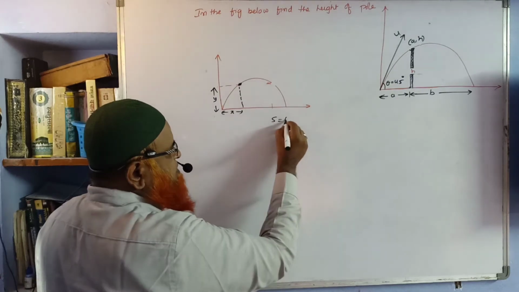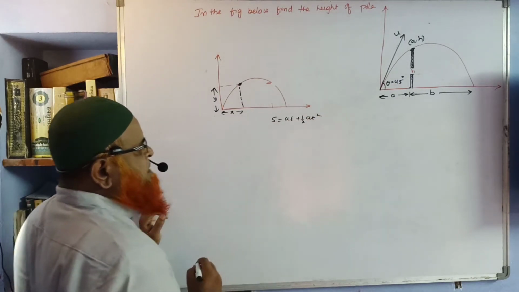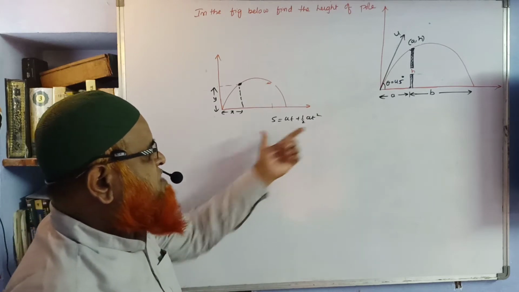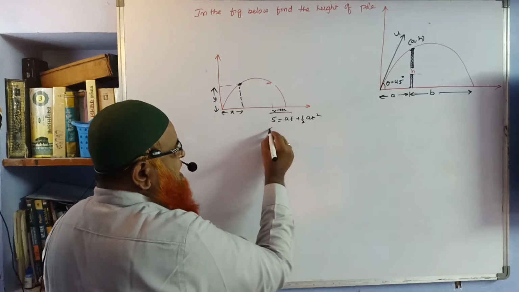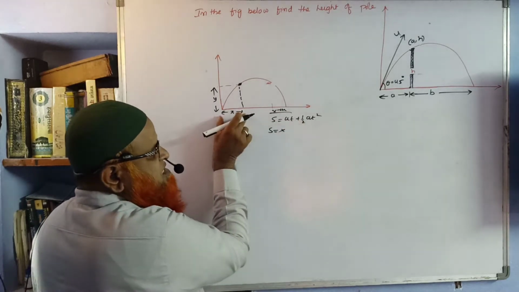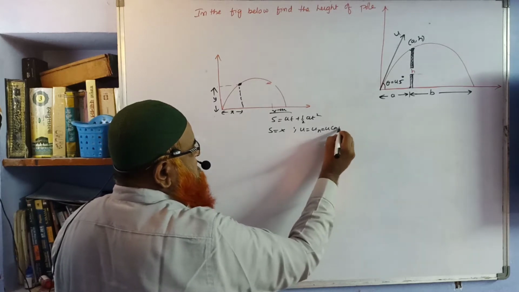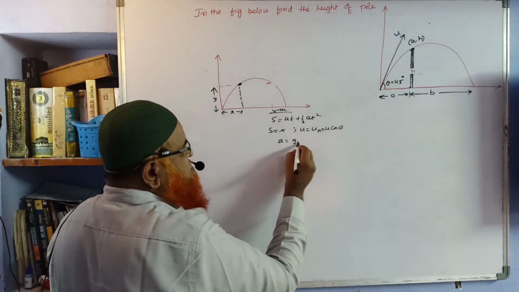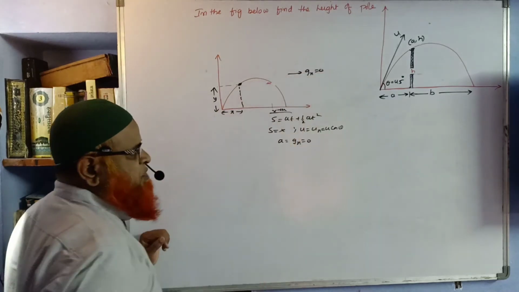You know the basic concept is s = ut + (1/2)at². Now, what is happening along the x-axis? s is considered to be x here because this distance is x, and u is considered to be ux, which is u cos θ, and a = gx, which is equal to 0 because along the x-axis g is not present.